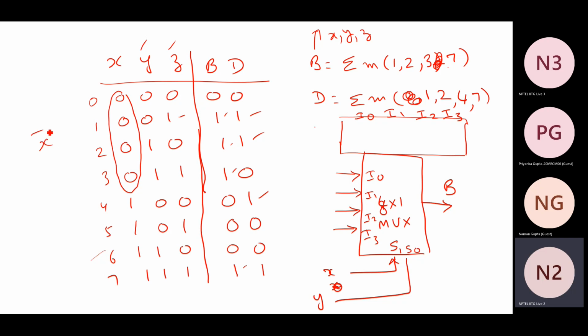So this is X bar. X is 1 in the remaining 4 min terms. This is X. So the min terms along X bar are 0, 1, 2, 3, and the min terms along X are 4, 5, 6, 7.